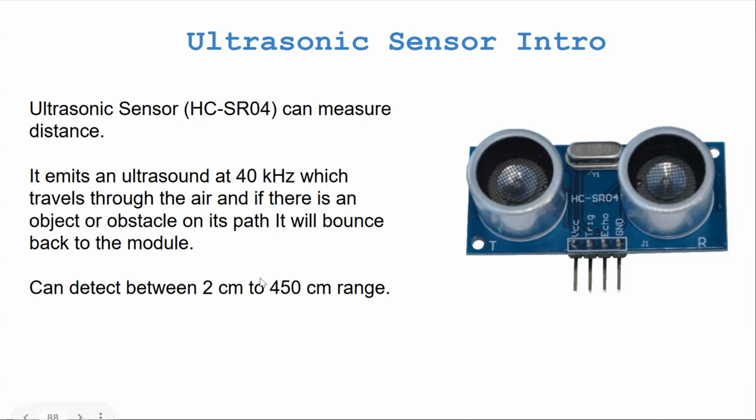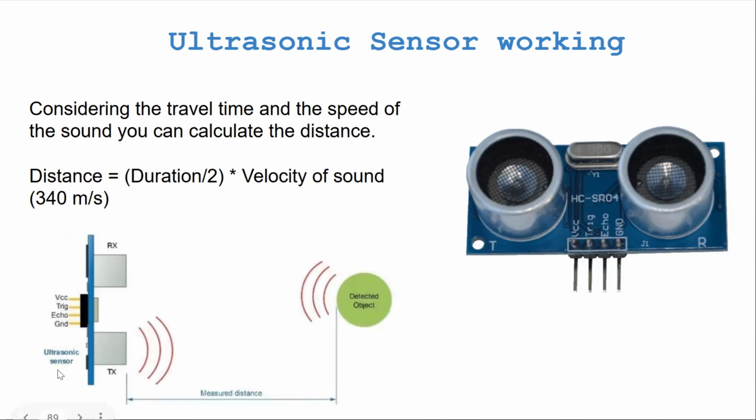It can detect a range of 2 centimeters to 4 meters, which is small. If you're working on the industry side, we won't use this basic sensor; we'll use upgraded sensors for it.